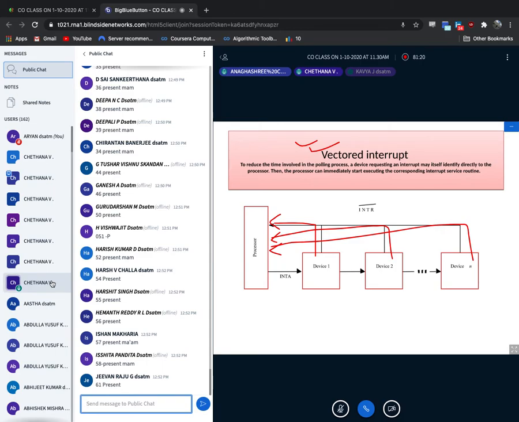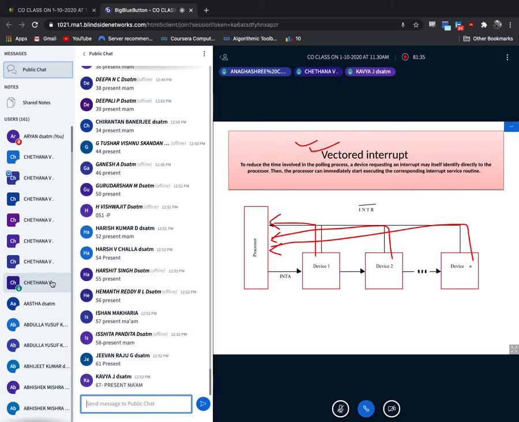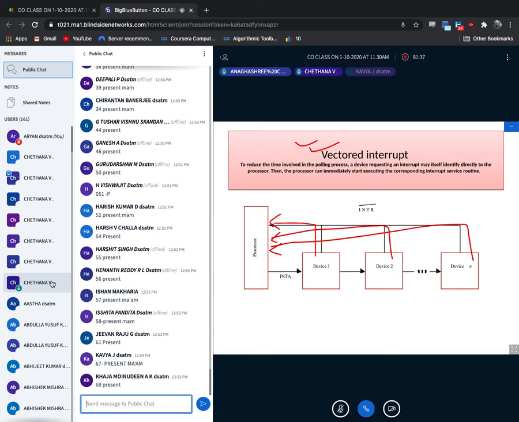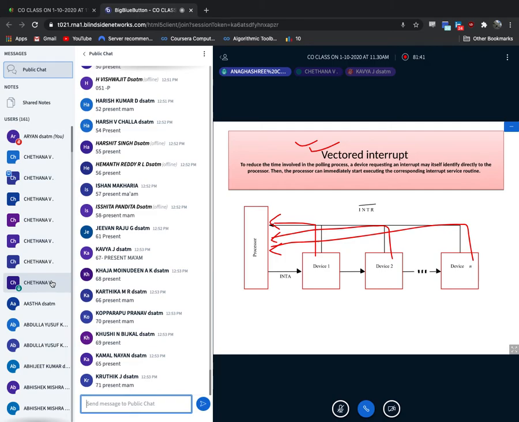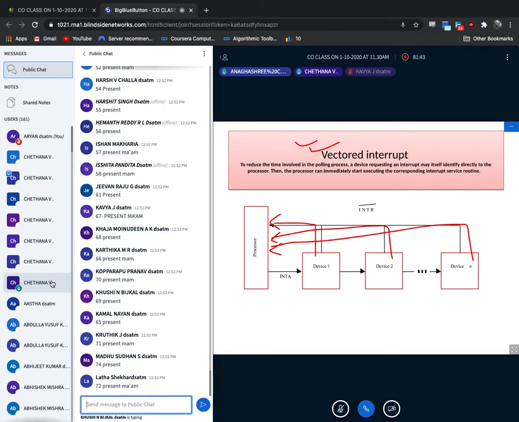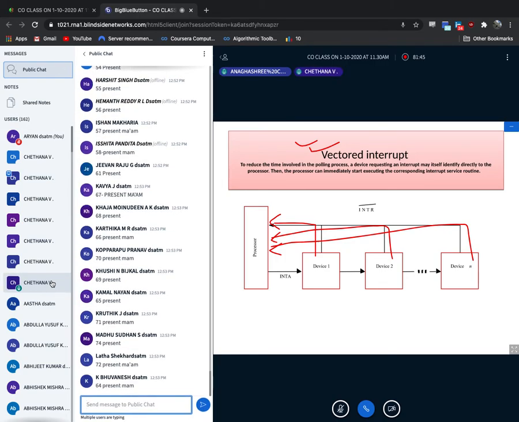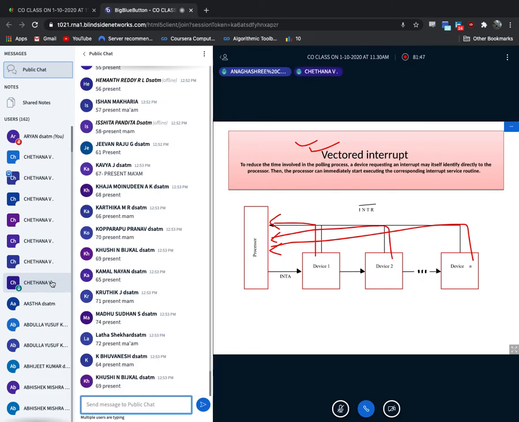Karthik. Kavya J. Present, ma'am. Kaza Moinuddin. Kushi.